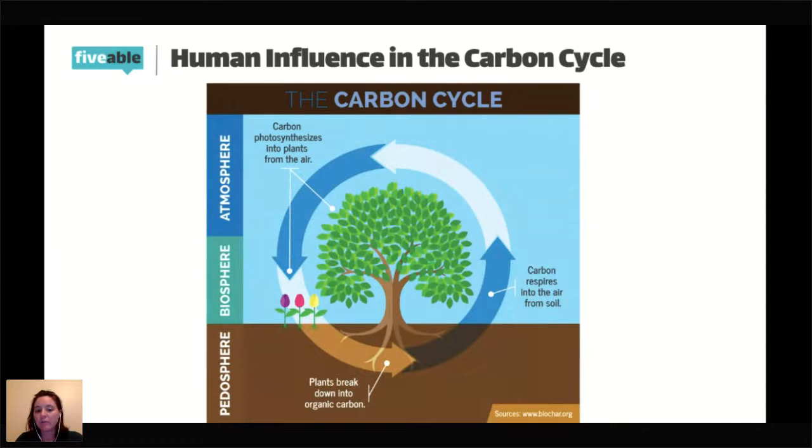That can then travel through other living organisms through the food web, and then all living organisms are doing respiration, and they're respiring that carbon back out into the atmosphere. Some of that carbon that was stored in plant tissues also is going to break down into organic matter that's part of the soil, which we'll touch on later when we get to talking about soil formation in a completely different video.